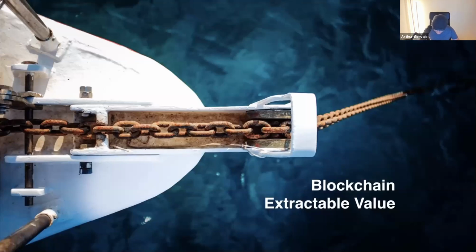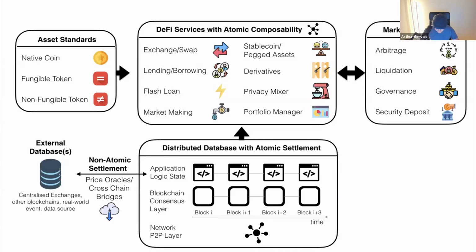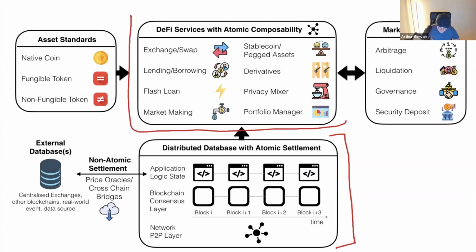So I briefly touched on blockchain extractable value. Just to give you another high-level overview, you have a blockchain, right? So this is the full blockchain stack. And DeFi is, in a sense, this beautiful complex construct of financial services with, I like to emphasize, atomic composability, right? Which enables then flash loans and other funny instruments.